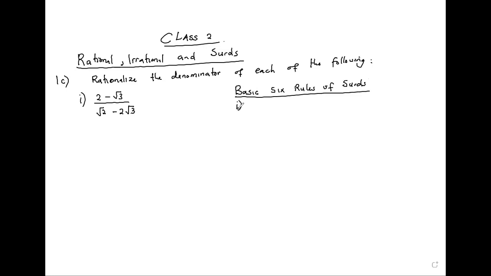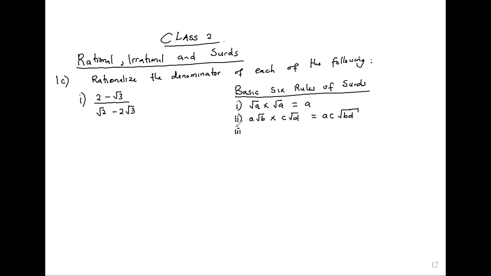The first one is, if you are multiplying root A by root A, we just get A. Second, if I'm multiplying A root B multiplied by C root D, this is going to be the same thing as A multiplied by C, root B multiplied by D, like this.